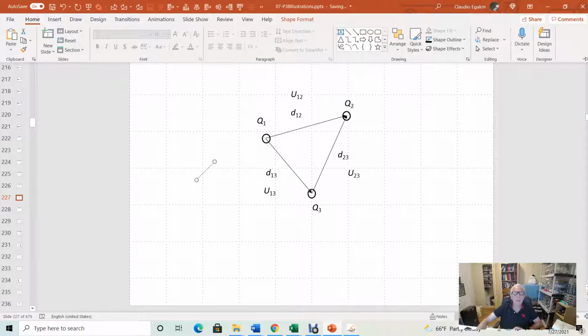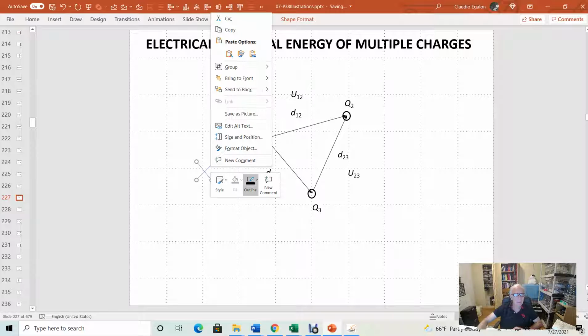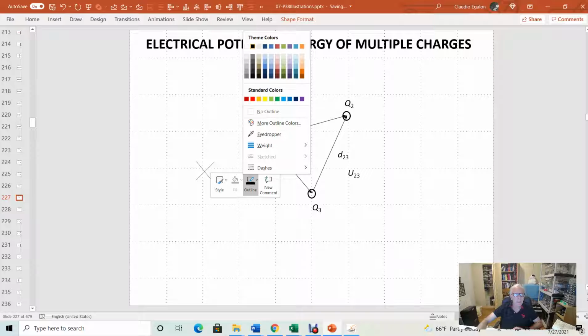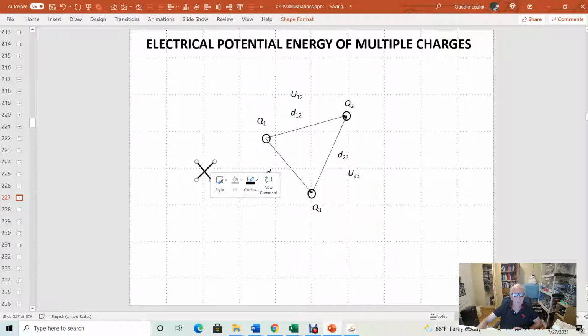So the electric potential right in here, I'm going to write it down.